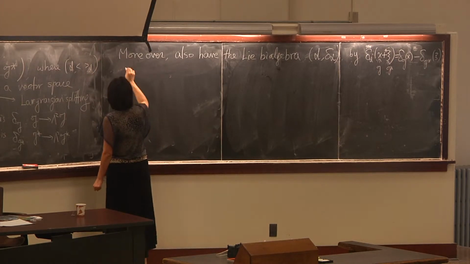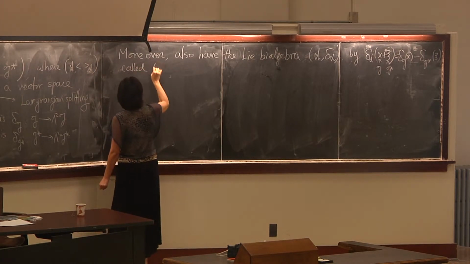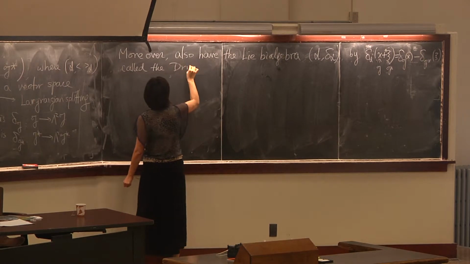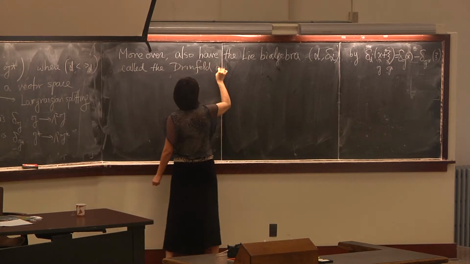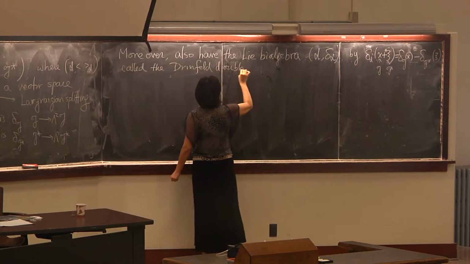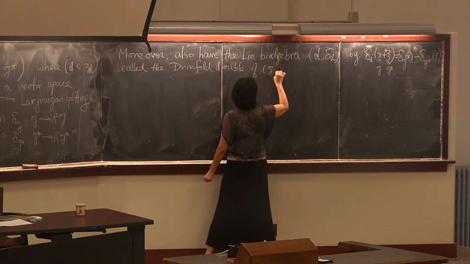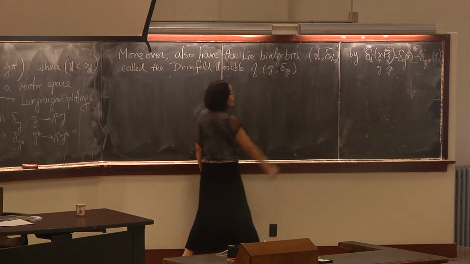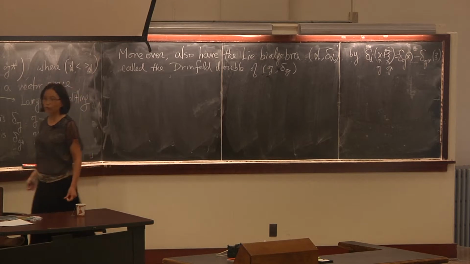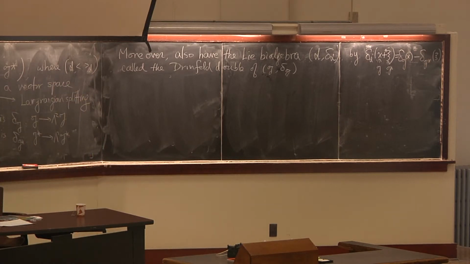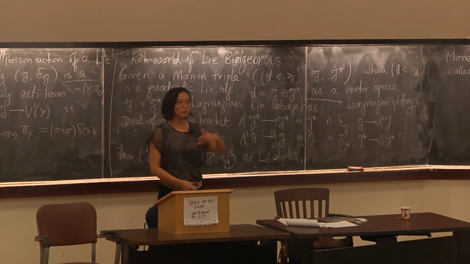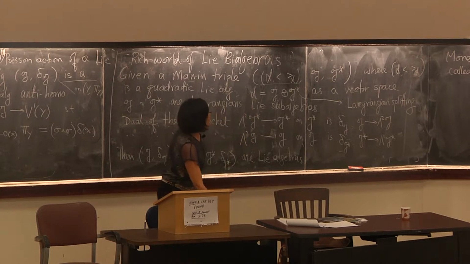This is called the Drinfeld double of this one or the other one. So every time you have a Manin triple, you actually get three Lie bialgebras. You get one Lie bialgebra, you get its dual, and you get their double.